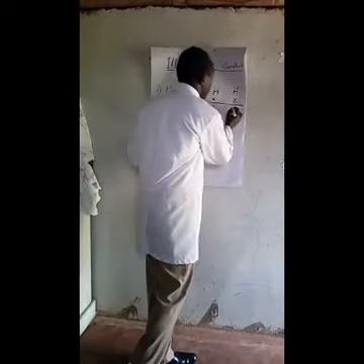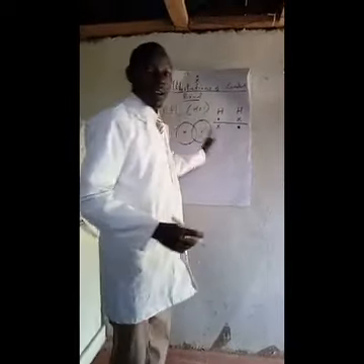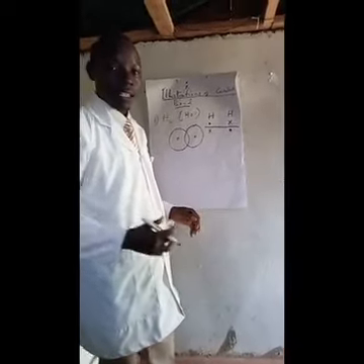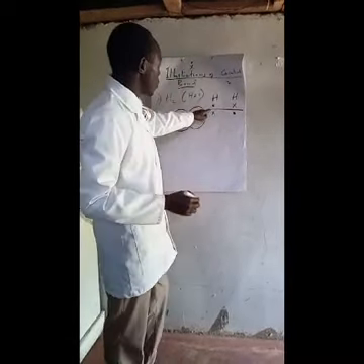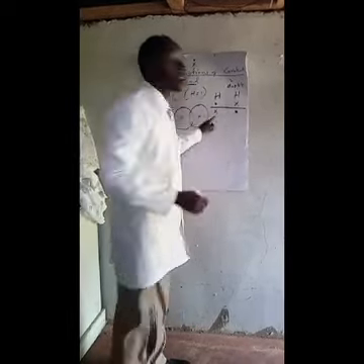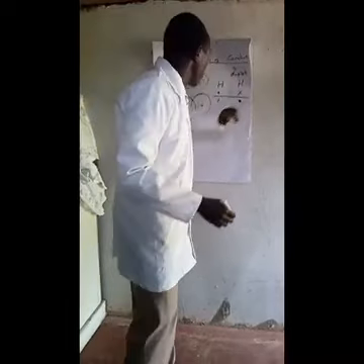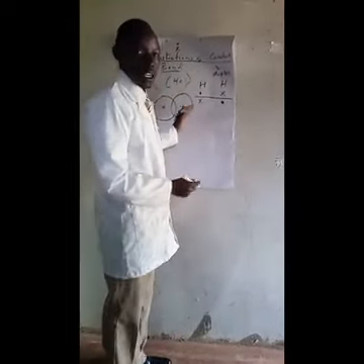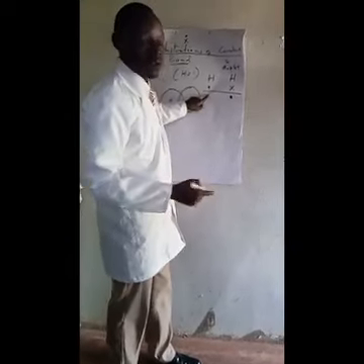In so doing, hydrogen will obtain the stability of helium, which is 2. This is what is called a stable duplet. So here, this hydrogen requires 1 cross. That is 1, 2. So it is stable.